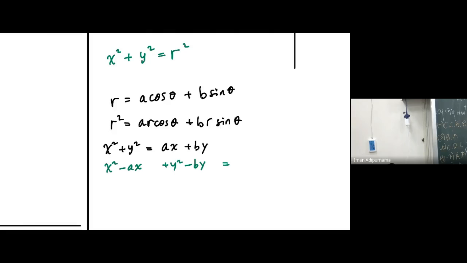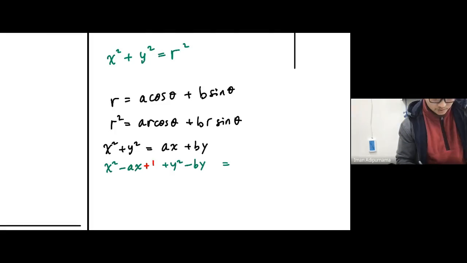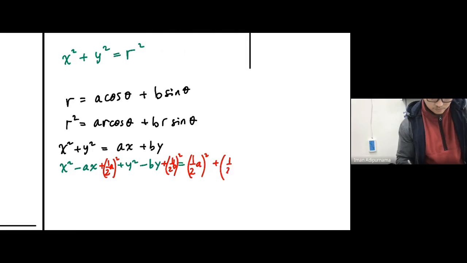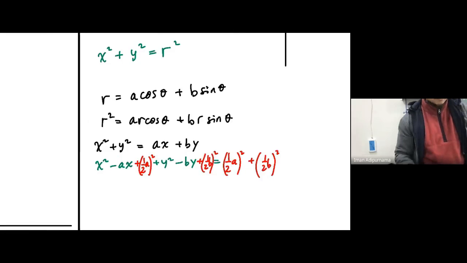Imagine these sections, these are quadratic functions. If you complete the quadratic functions, let me divide a by 2 and then square. Let me add that here. So if I add half a squared and this add half b squared, on the other side I need to add them too, right?